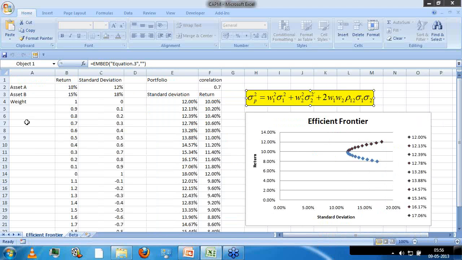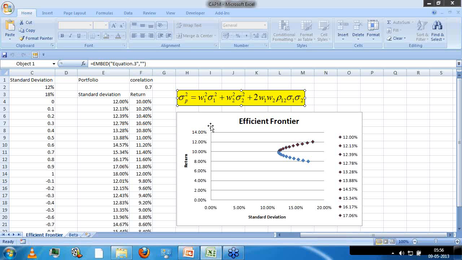So suppose I have $1 million, and I have invested 90% in asset A and 10% in asset B, then the weight for asset A would be 0.9 and that for asset B would be 0.1.